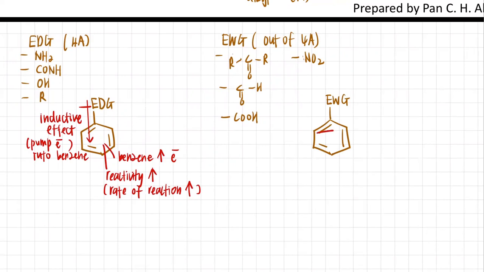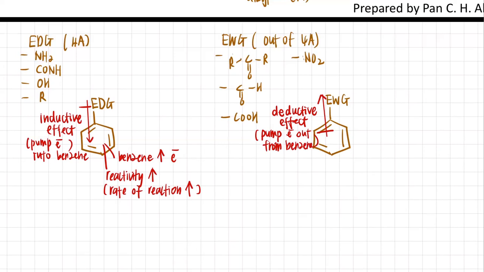We are taking out the electrons from the benzene ring to the substituent. Deductive means delete. So the deductive effect means pumping electrons out from benzene, withdrawing all the electrons from the benzene ring to the substituent.